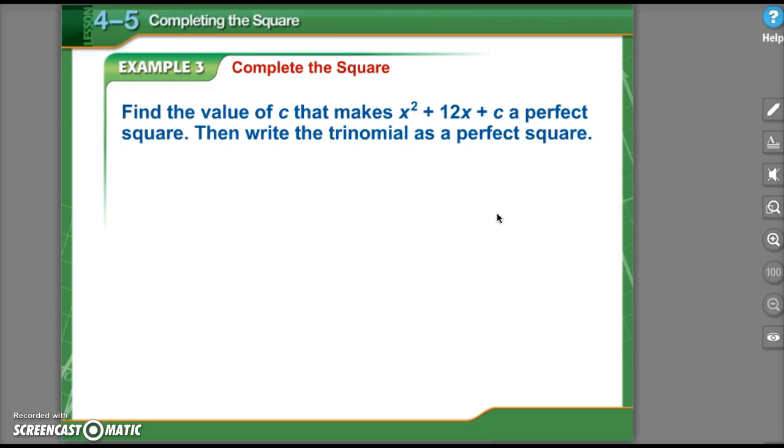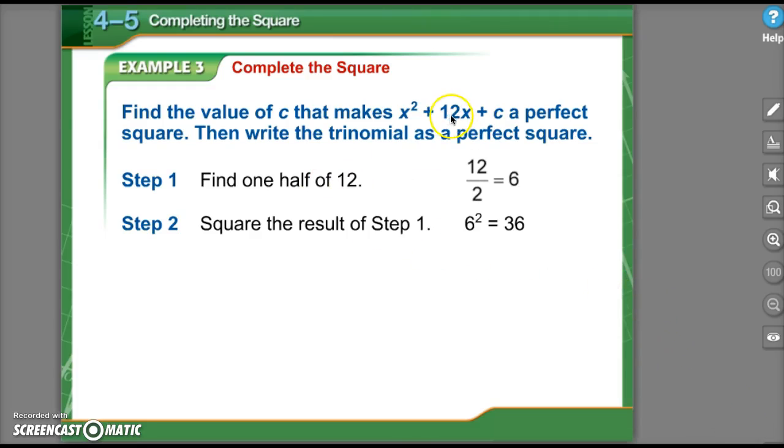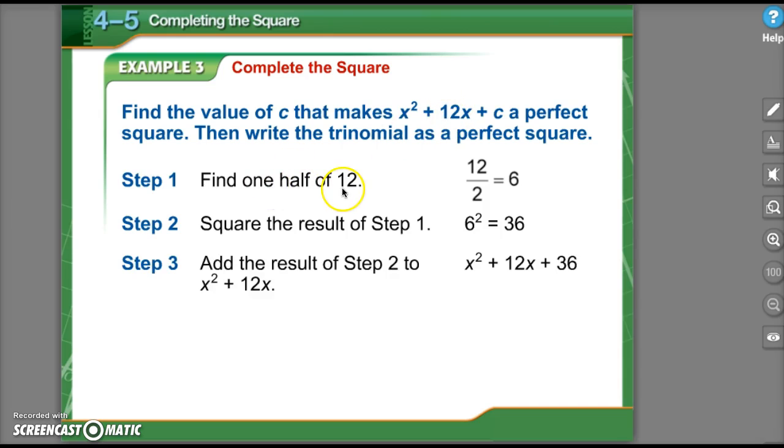All right, for example 3, we're going to be practicing completing the square. We need to find the value of c that makes x squared plus 12x plus c a perfect square. And then we're going to write the trinomial as a perfect square. So again, the first thing we want to do, our b value is 12, so we want to find half of 12, which is 6, and then square it. 6 squared is 36.